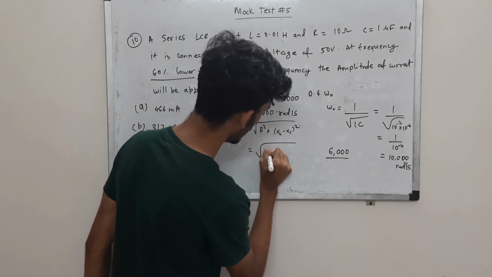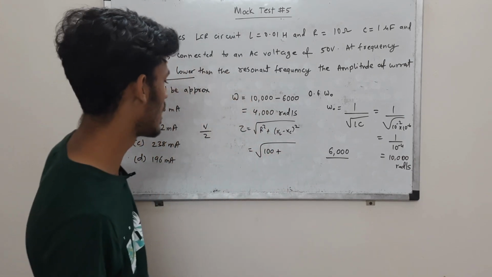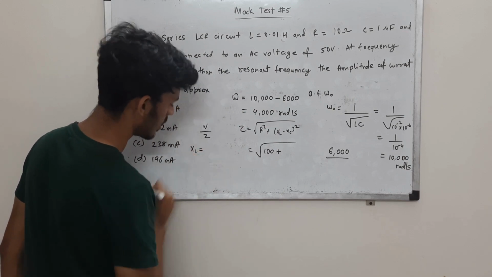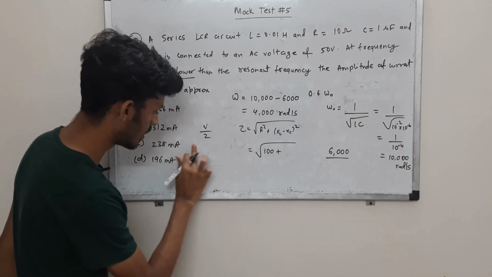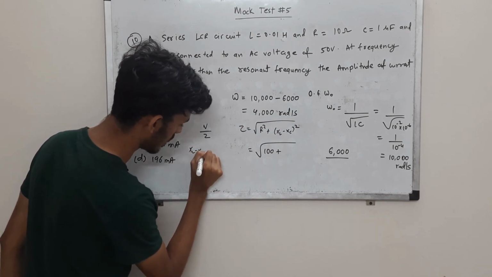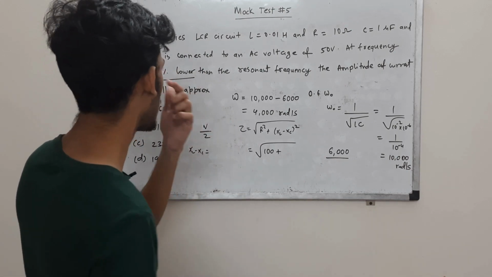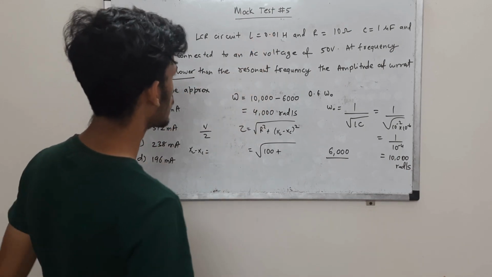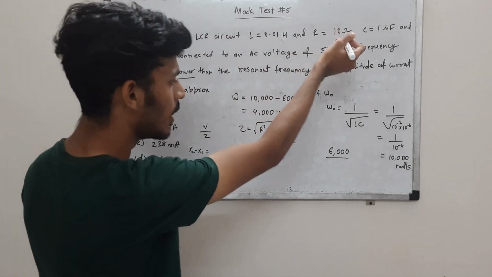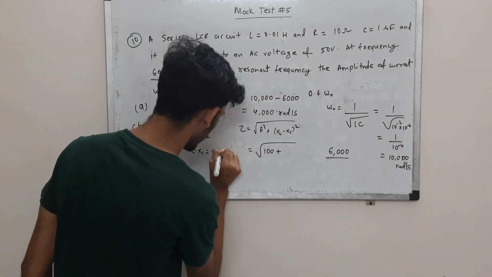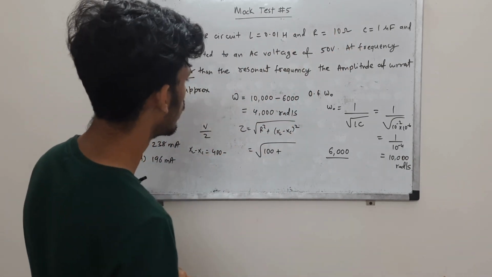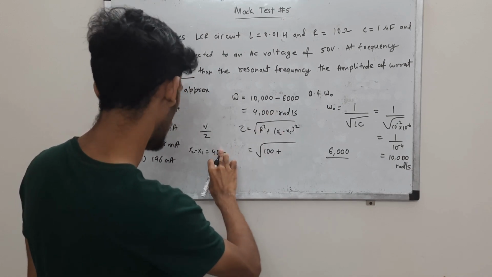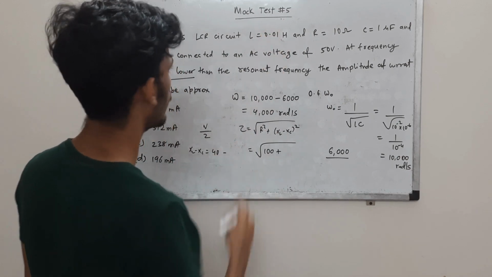So R square is 100. XL minus XC, we can find this differently actually. Let's directly find XL minus XC. XL is omega L, so omega is 4,000, 4,000 into 10 to the power minus 2, so 40.